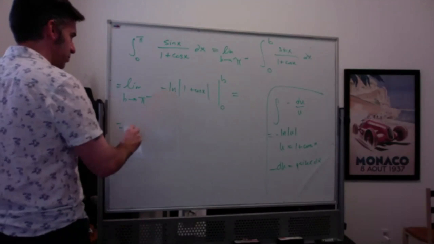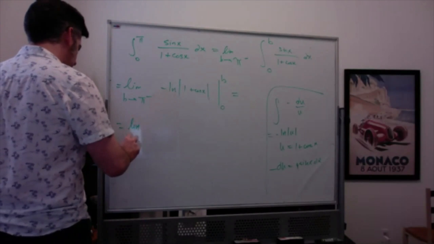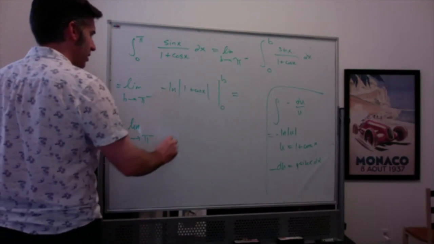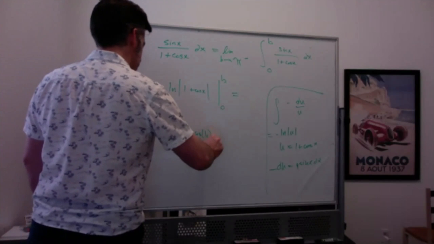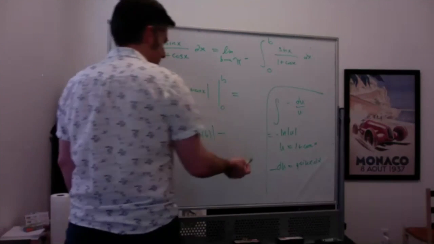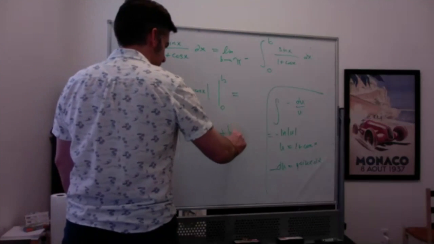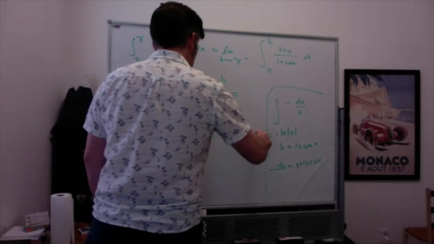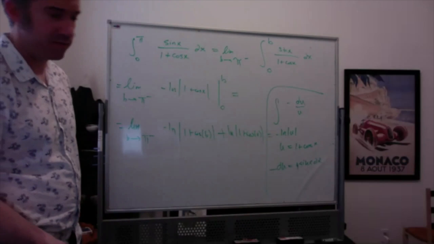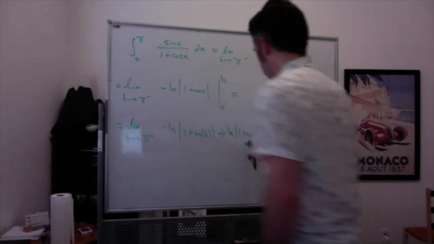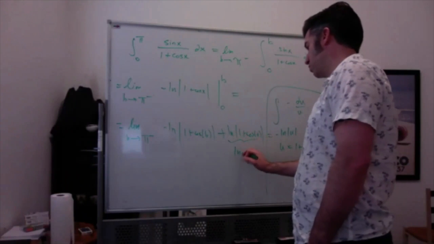So let's plug in b. The limit as b approaches pi from the left of negative natural log of 1 plus cosine of b, minus negative, so plus natural log of 1 plus cosine of 0. Well, first, right here, this is just going to be natural log of 2.